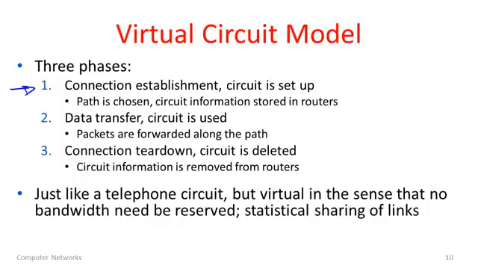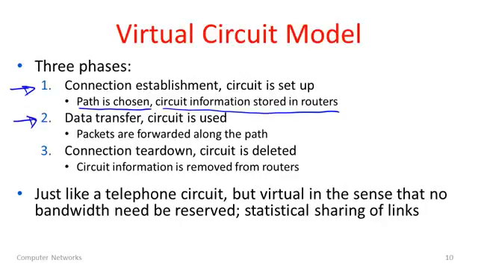Setting up the connection really means finding a path through the network, choosing that path, and setting information about the circuit that we're about to use in all of the routers that are along that path, so they'll know what to do when they see packets from this virtual circuit. Once it's set up, then there's a data transfer phase. This is the useful bit in some sense, the bit we want.